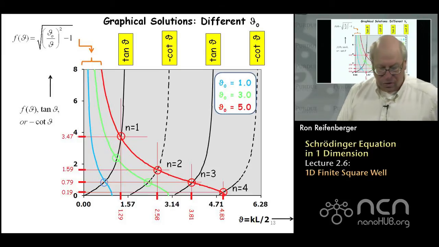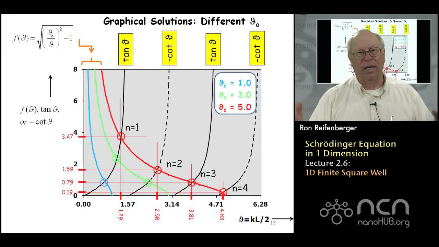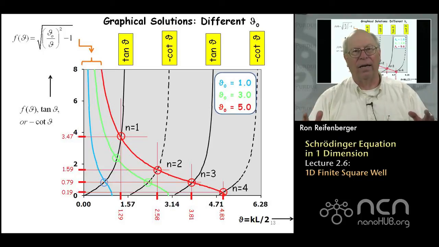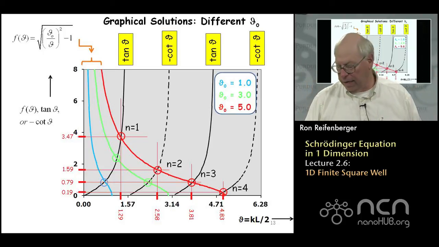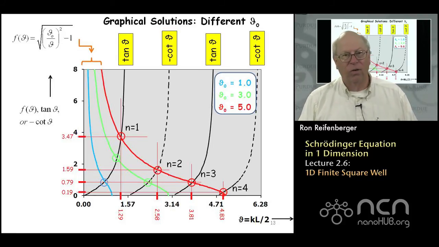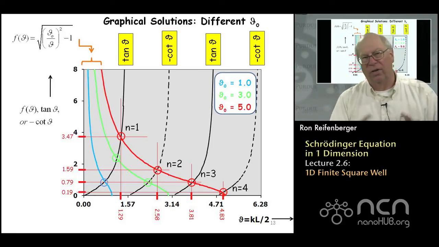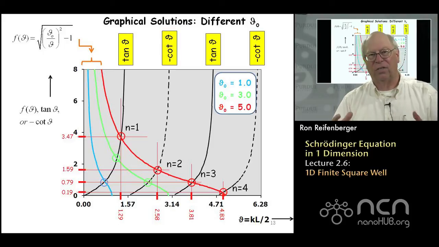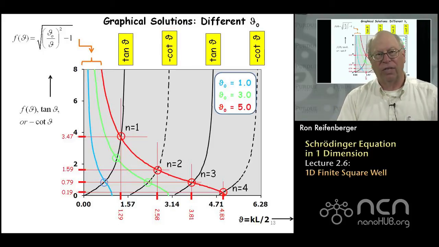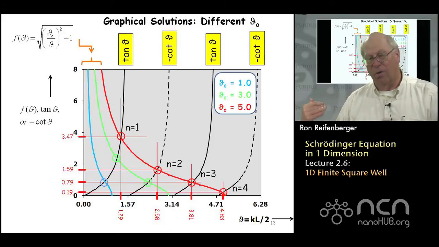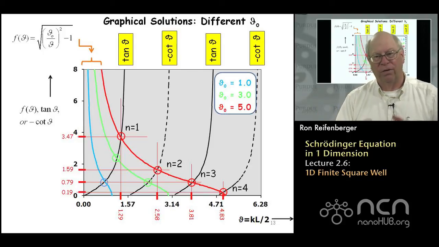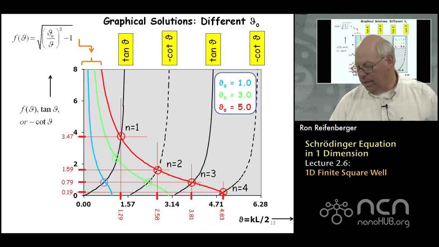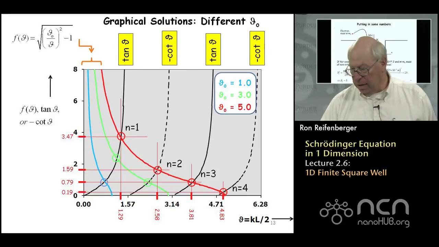And those allowed values are then going to tell me the allowed Ks and the allowed energies for a particle of mass m in this well of finite height. So it's a complicated process. You're not going to understand it unless you actually sit down and try to work through some of the steps on your own. But hopefully these slides will be a useful guide to make sure you're on the right track.